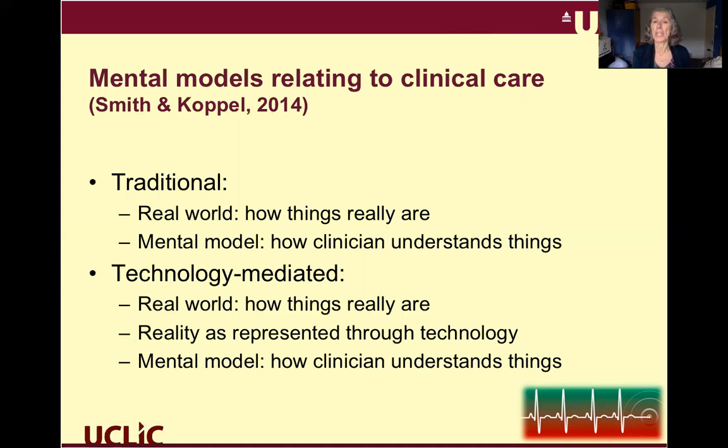In this particular instance, a small premature baby has a condition that means that they've got fluid around the heart and is not able to beat properly. And then we've got clinicians' mental models of how things work, how clinicians understand what's going on in our bodies, which in that case was actually open to multiple interpretations initially.